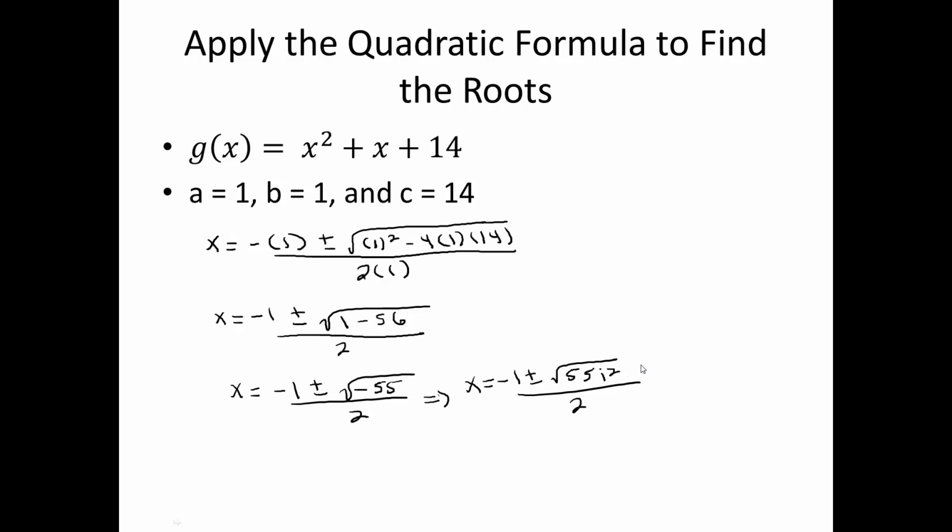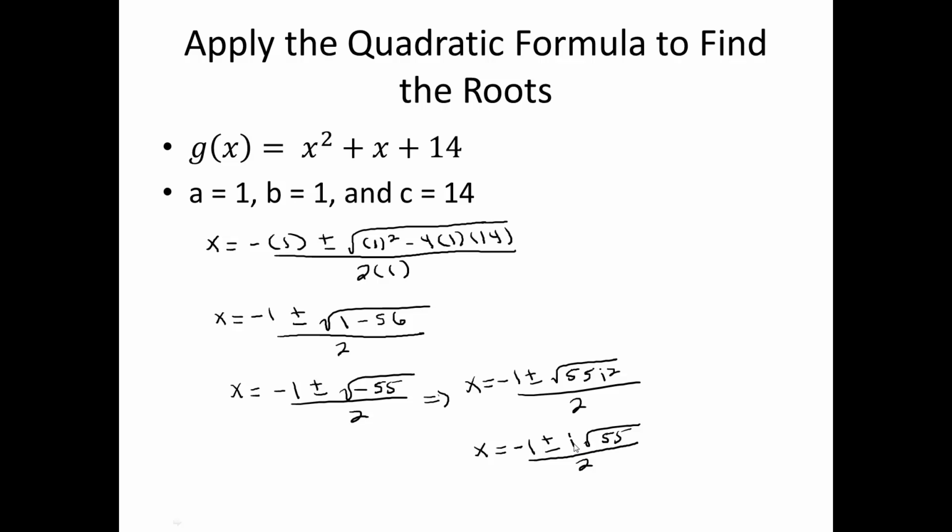And the reason I would want to do that is because I can take the square root of i squared, and the square root of i squared is simply i. I can't take the square root of 55. It's not a perfect square.